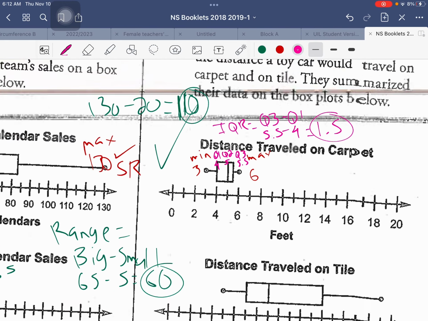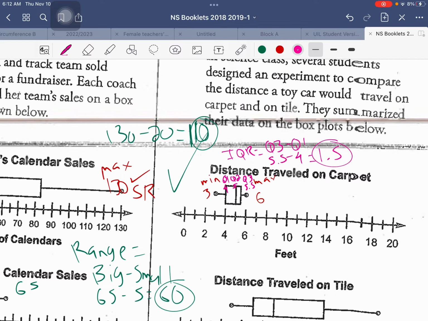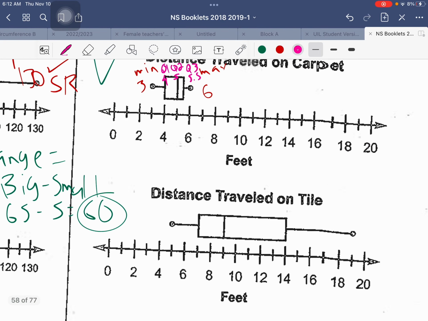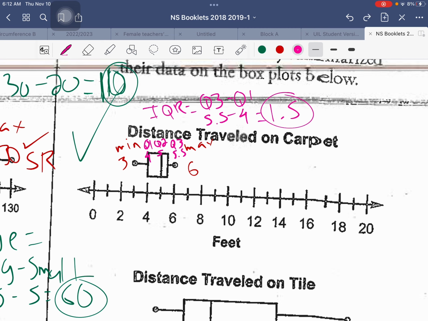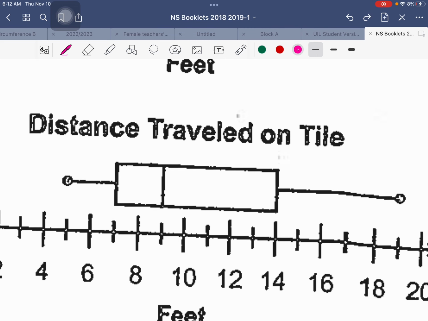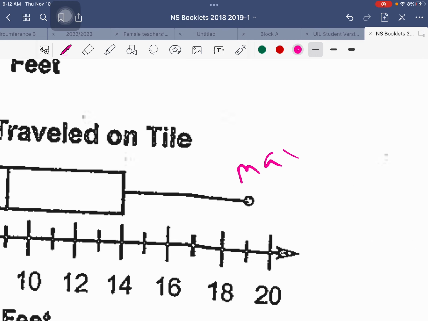Now, I haven't found it yet because that's the difference between them. So I have to find the IQR for this one, and then subtract it from this. So here the min is 5. Max is between 18 and 20, 19.